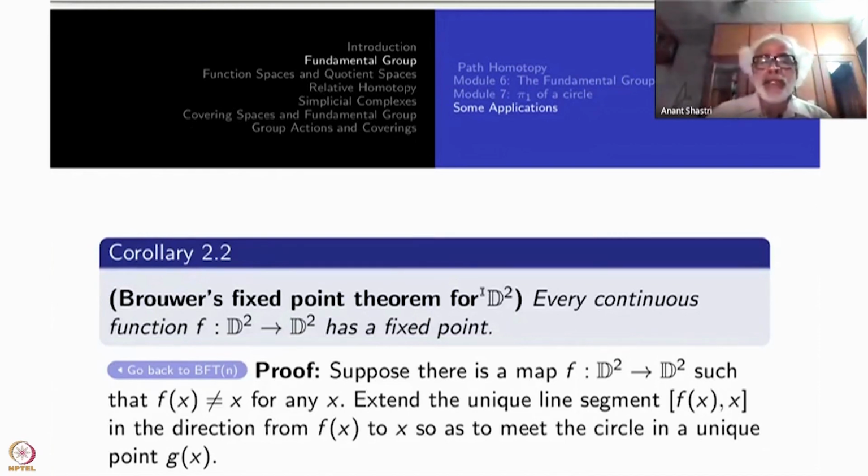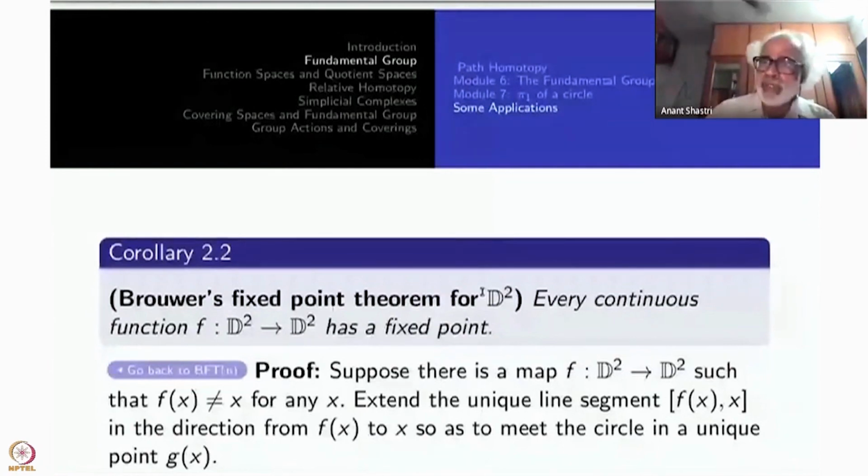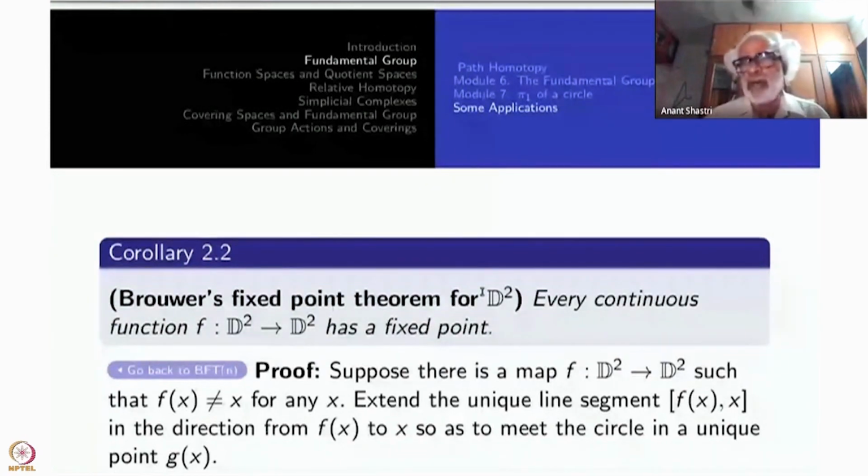Keep extending the same line till you hit the circle, the boundary of the disk. The boundary of the disk will be hit, whether you go forward or backward, at 2 different points. I want the forward point, so from f(x) to x, the one that is nearer to x than to f(x).